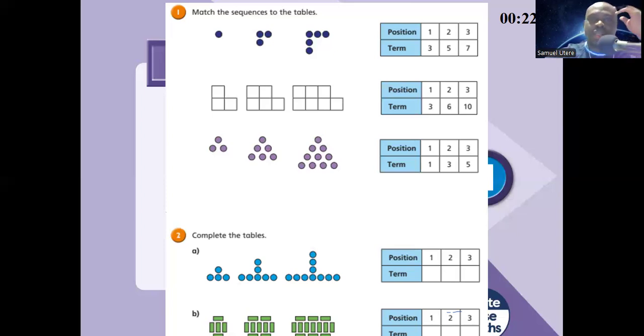Okay, let's look at our answers. So this is really straightforward, right? You're asked to match them. Remember what we said. Position 1 refers to term 1, position 2 to term 2, position 3 to term 3. And then the numbers that we put in this part called term is actually the term value. So actually counting how many items you have in that term.